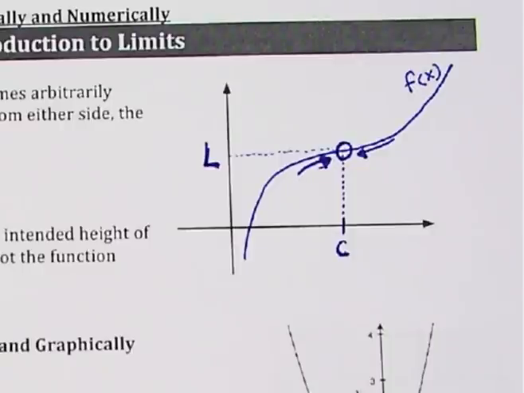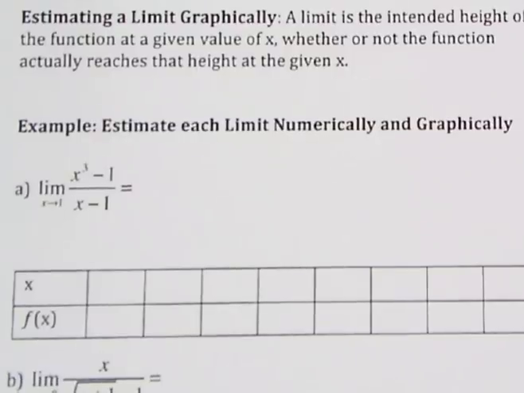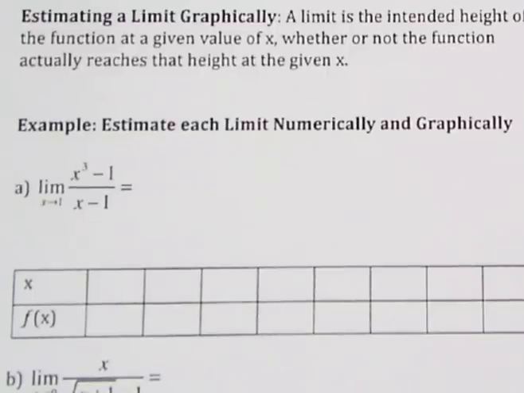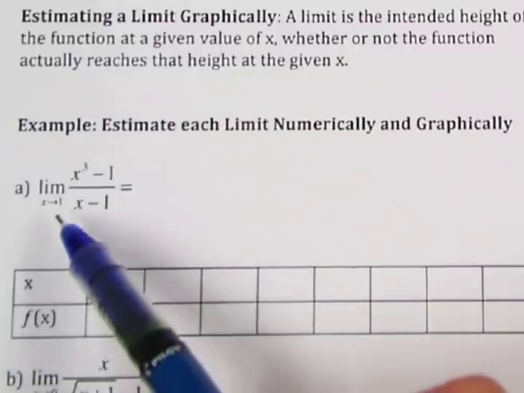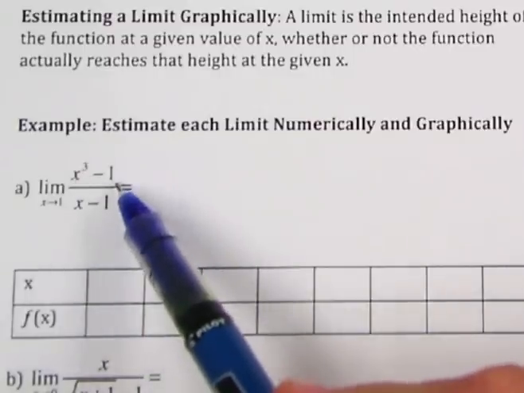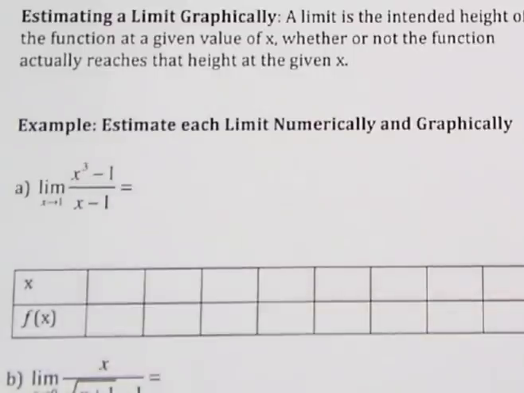All right, so let's try an example here. The first example says estimate each limit numerically and graphically. Well, let's go ahead and do this graphically first. So here we have the limit as x approaches 1 of x cubed minus 1 over x minus 1.